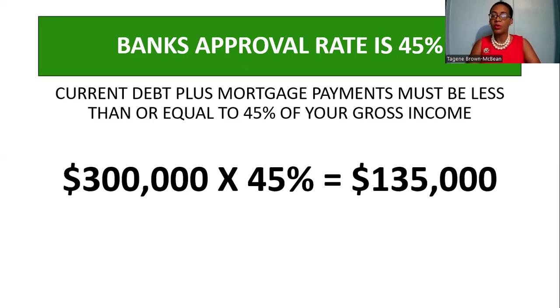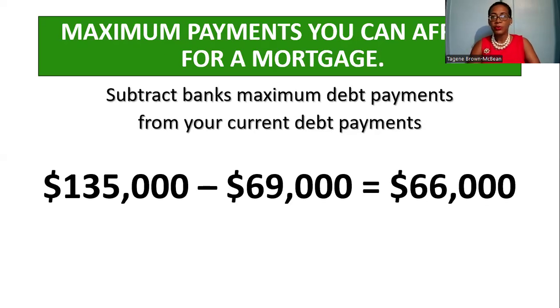Okay, people? So now we're going to break it down and show you how much monthly payment you could qualify for, and this would be the maximum. We're calculating the maximum. Okay. All right. So the maximum payment that you can afford for a mortgage, if your bank is using a 45% approval rate, so this is what is going to happen.